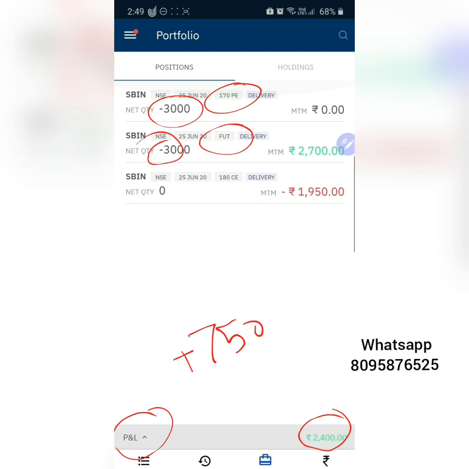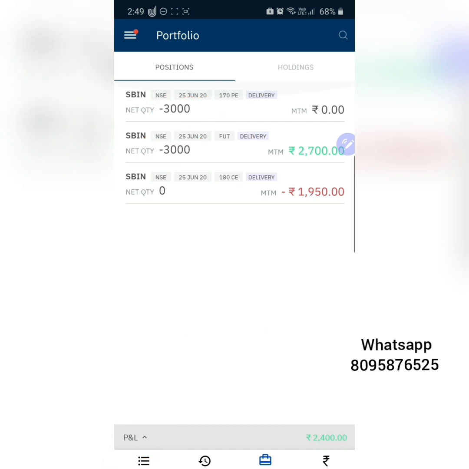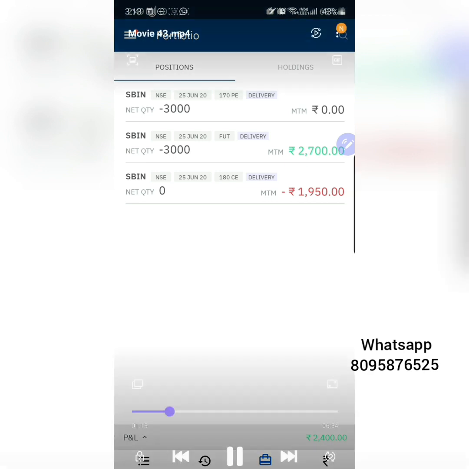We placed the trade one day before. That is why you can see that the P&L will be different and the MTM also will be different. The MTM will be only what we can see today. So I will show you today how exactly this confusion happened. I will show the difference between the M2M and the P&L so that you will get clarity.